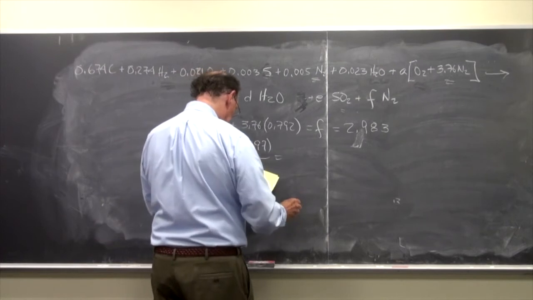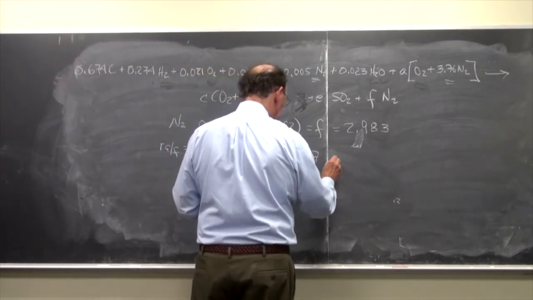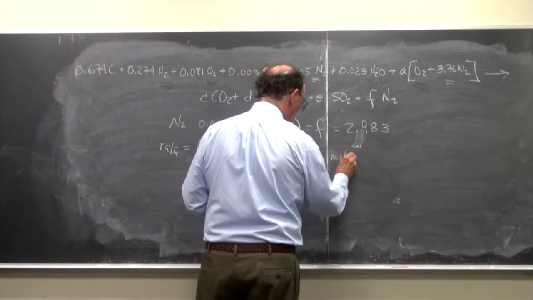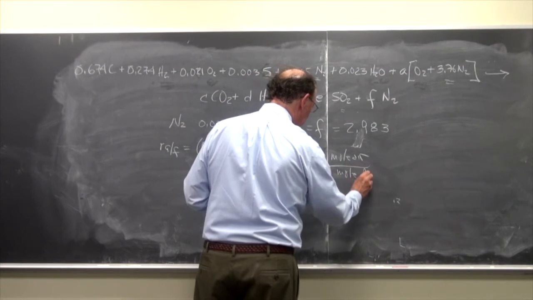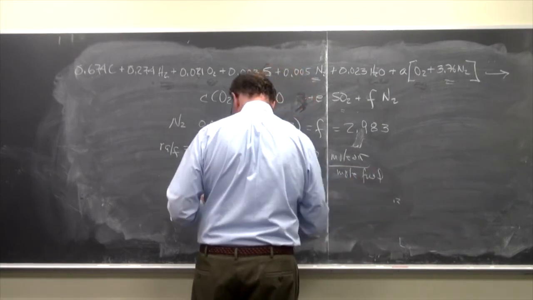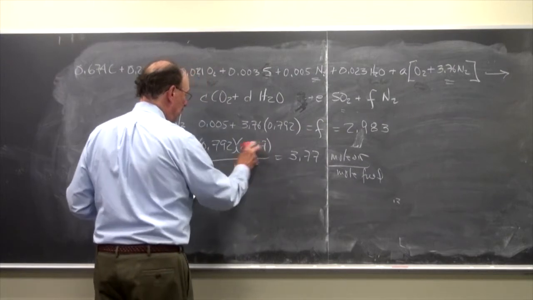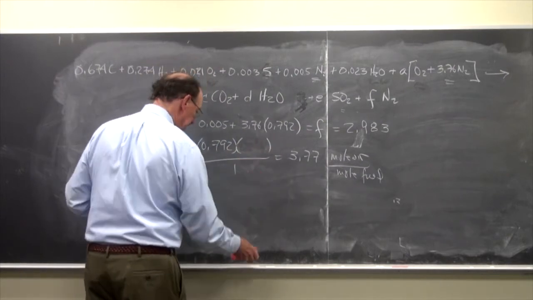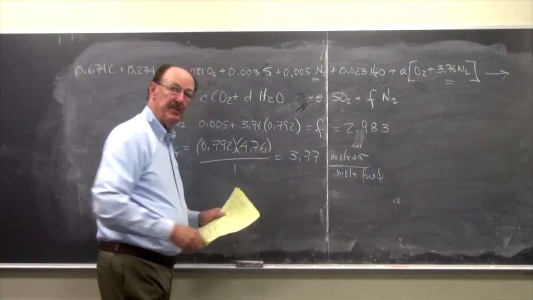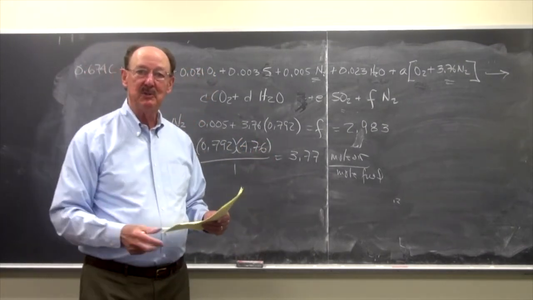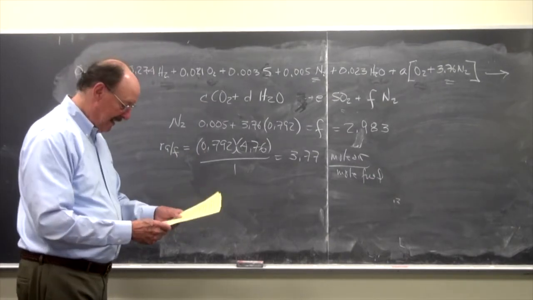So this is equal to 3.77 moles of air per mole of fuel. Oh, I did this wrong. That's the mass basis, so I need the number of moles, which is 4.76. It's a challenge sometimes reading my own notes, so I do run into that problem from time to time. I have to check that.